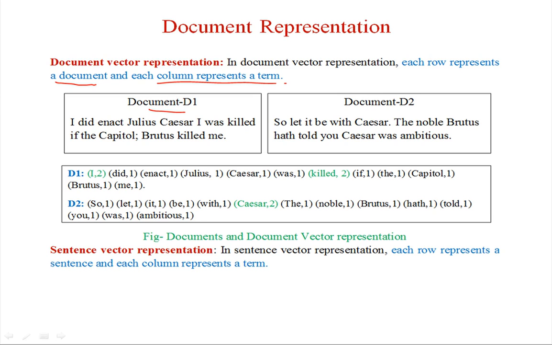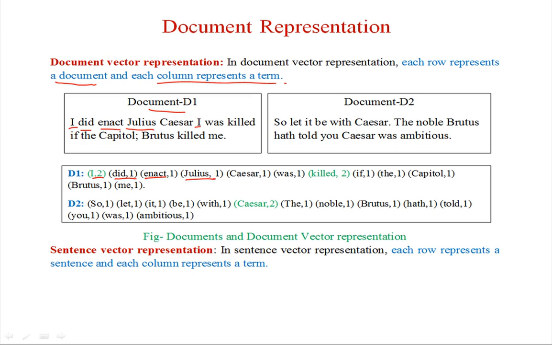So we can first convert the document D1 like: I, frequency of occurrence 2, like that; did, frequency of occurrence only 1; and then the next word is enact, frequency of occurrence 1; Julius, frequency of occurrence 1, and like that.